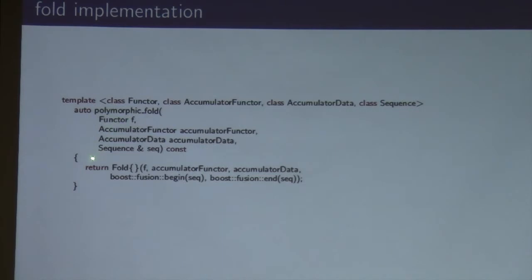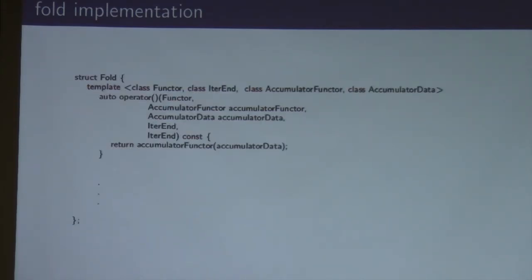And what it does is it actually delegates all of the work to this fold. So here this fold takes functor, accumulator data, and two iterators to the beginning and the end of the sequence. And so now we are going to focus on the implementation of this fold.